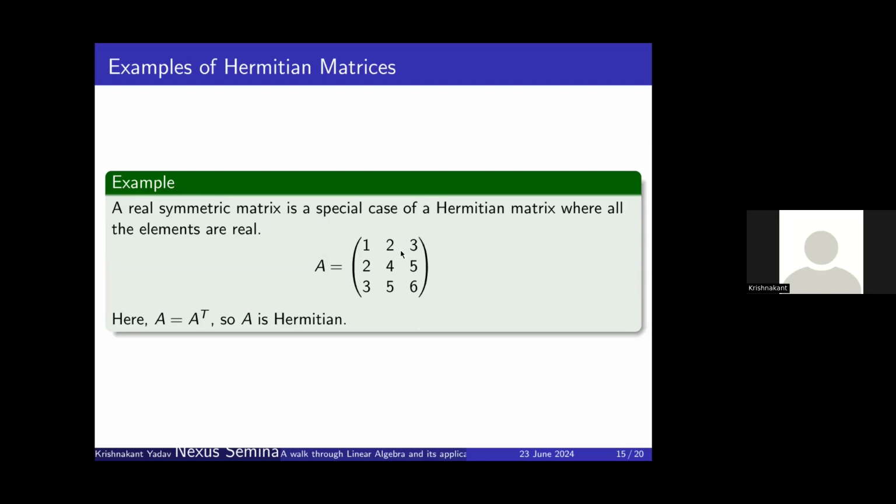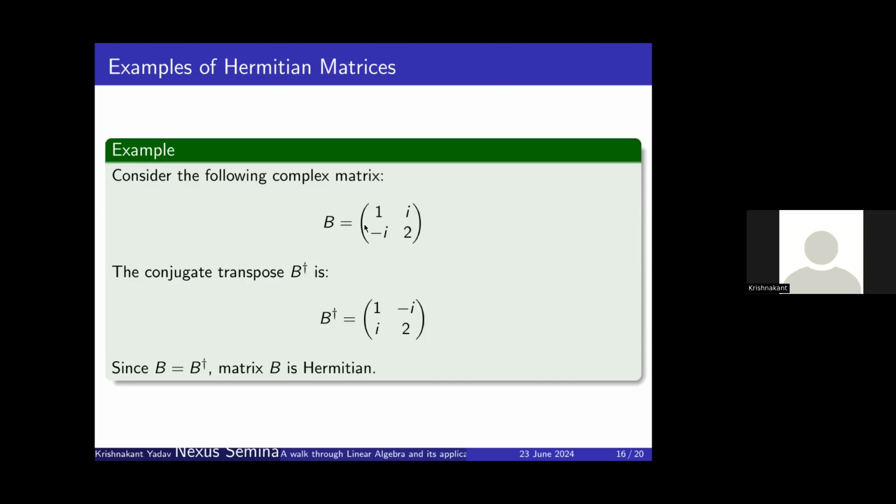If we take the transpose of this matrix, we get the same as the original matrix, so we can say that A equals the transpose of A. And if we consider a complex matrix B having i and negative i, then B equals its conjugate transpose, and we can prove that B is a Hermitian matrix.